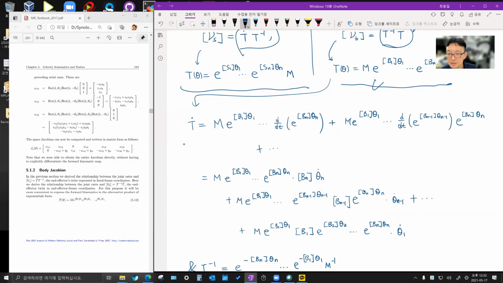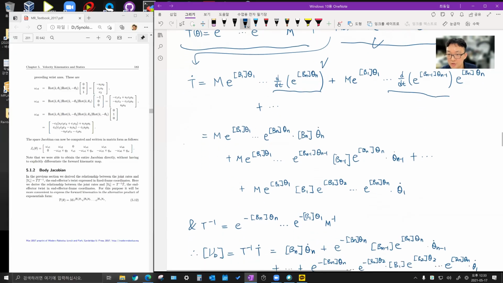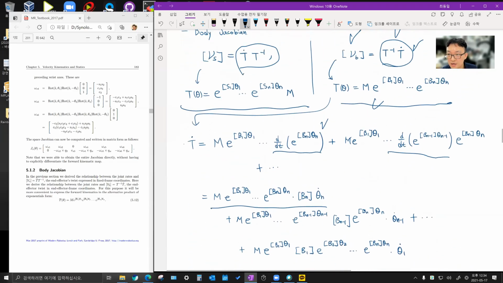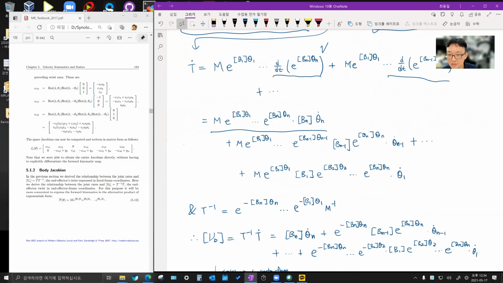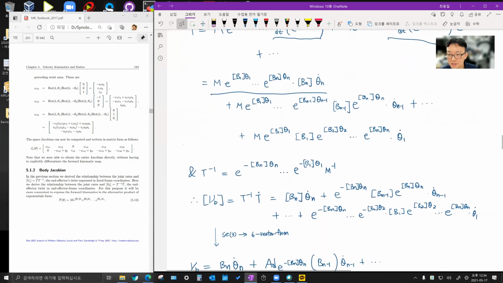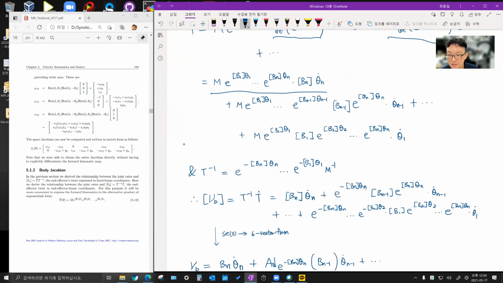In that case, we can calculate the first element from the nth axis, and then the n-1 axis, and then we can get a similar format like that. So in this case, we multiply T inverse in the front, and then it can erase this one.